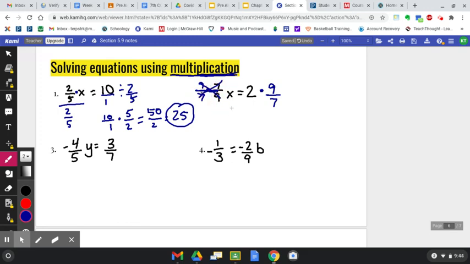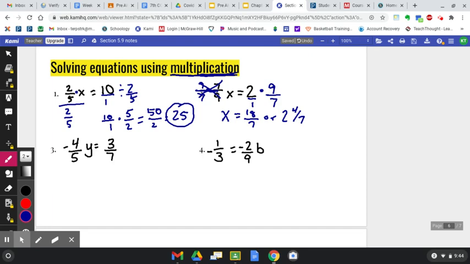So those cancel. That leaves me with 1x. And then over here, 2 times 9 is 18. 1 times 7 is 7, right? So I can leave that as 18 over 7. Or 7 goes in there twice with 4 out of 7 left over.